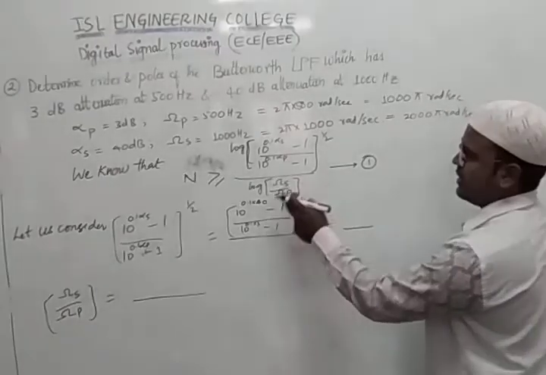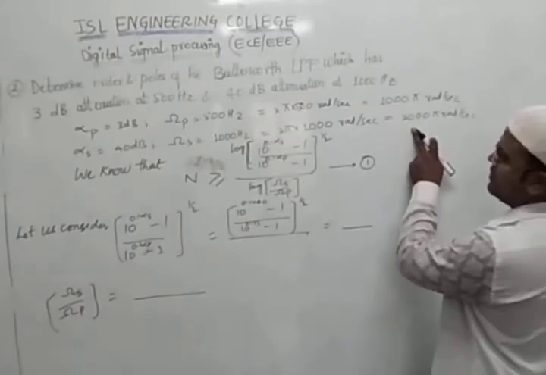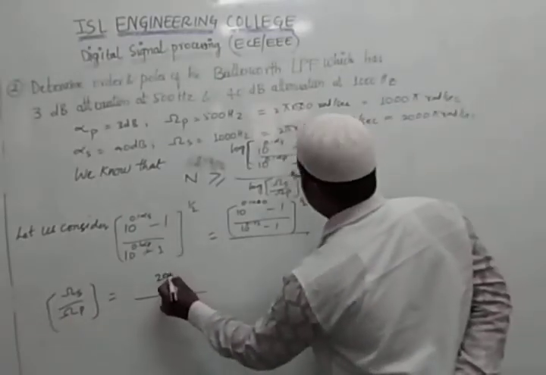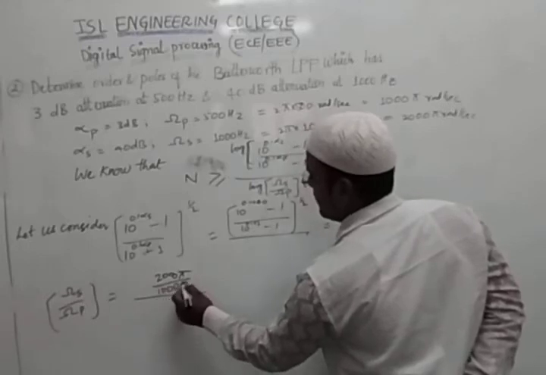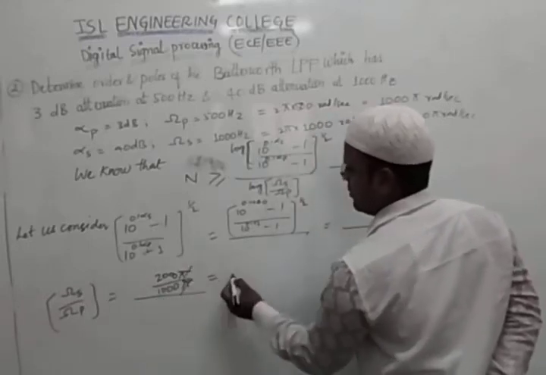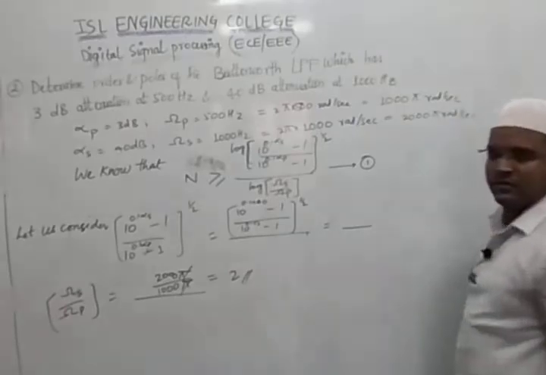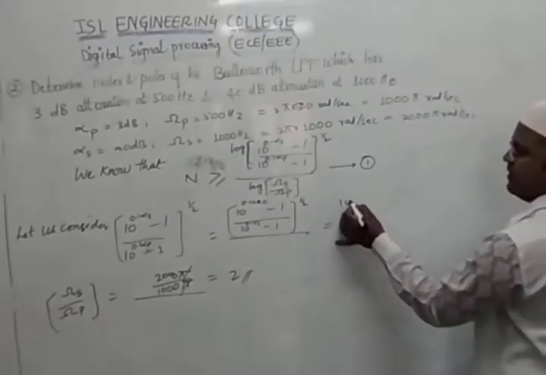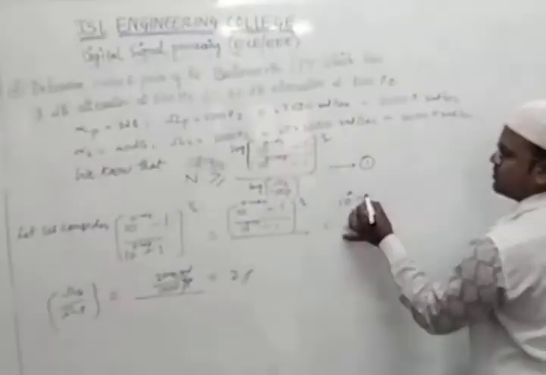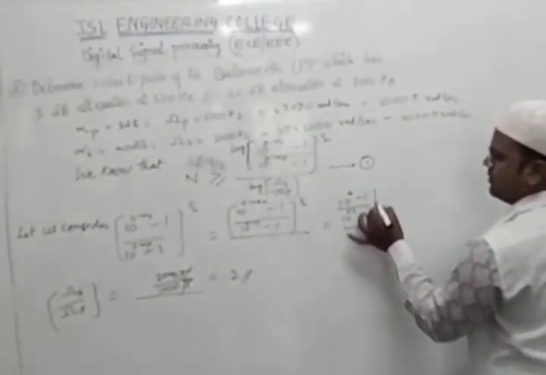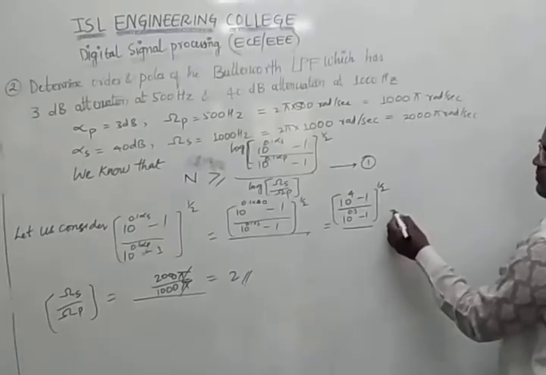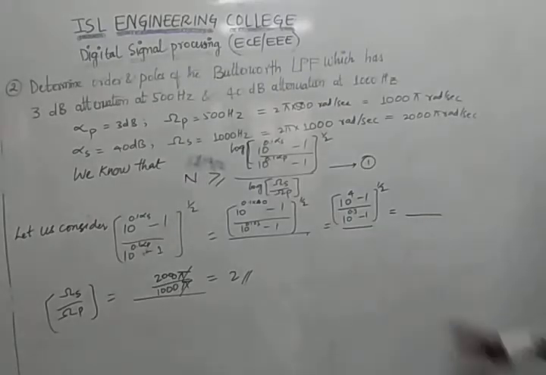Now I substitute omega s by omega p. Omega s is 2000 pi by 1000 pi, so pi and pi get cancelled, and 2000 by 1000 is 2. I can further simplify: 10 power 4 minus 1 by 10 power 0.3 minus 1, whole power 1 by 2.